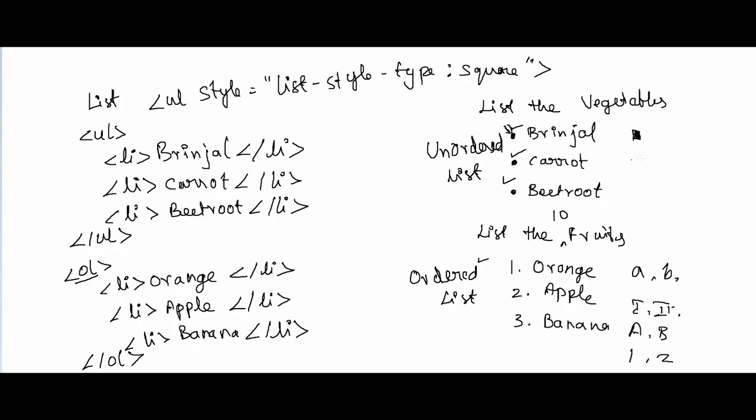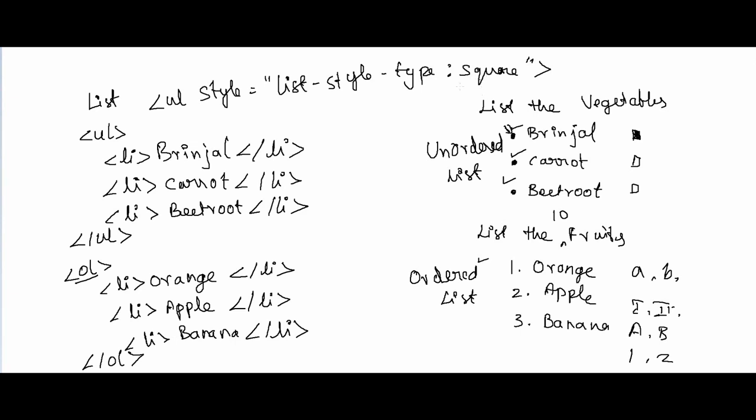We have other options like disk. If I want to show small icons, an image, we can create a new image and place that image also. So for that, list style type is equal to, we can give the URL of that image, as we have given in image src is equal to image link.